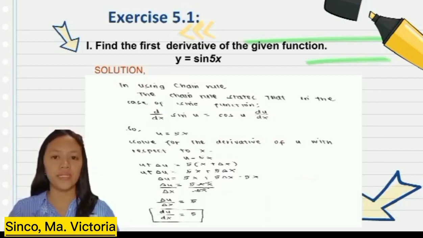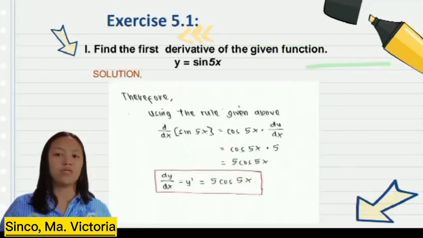Transferring u to the right side, delta u is equal to 5x plus 5 delta x minus 5x. Subtracting 5x, delta u is equal to 5 delta x. Dividing both sides by delta x, delta u over delta x is equal to 5. So the derivative of u with respect to x is 5.